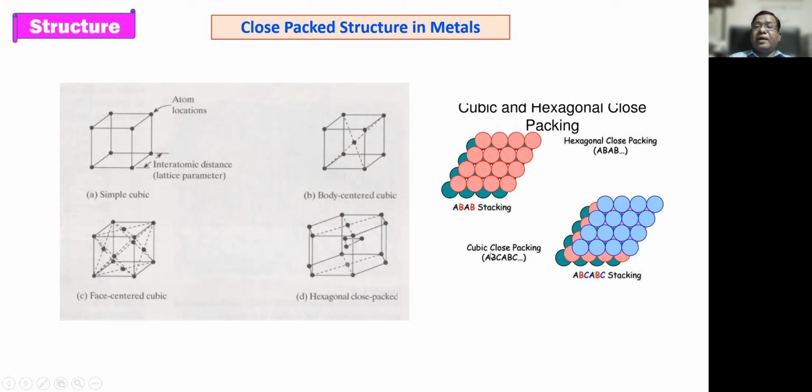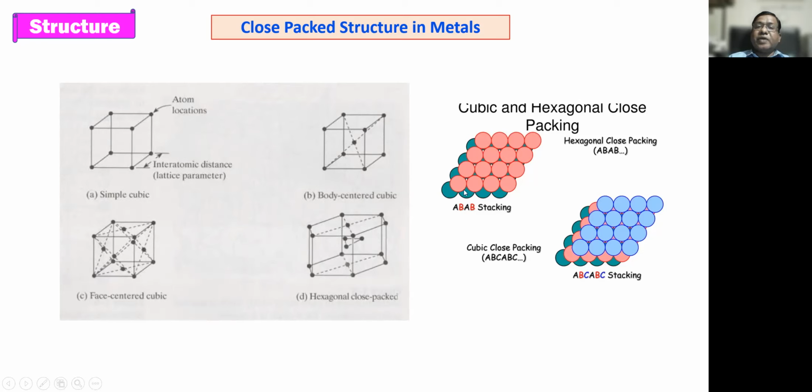Then this hexagonal close packed structure is made by AB type of stacking, and this cubic structure, the FCC structure, is made by ABC type of stacking. So what is this stacking?